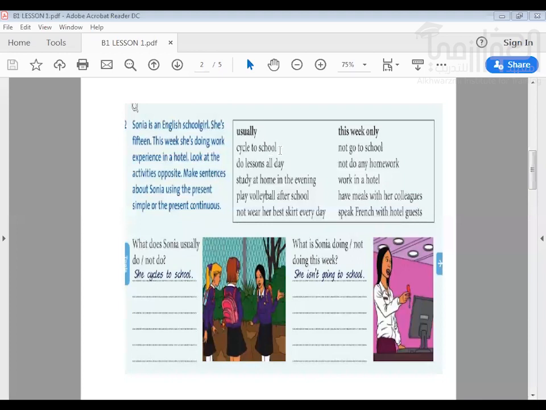She cycles to school. So what should the answer here be? Do lessons all day. So this should be, she does lessons all day.